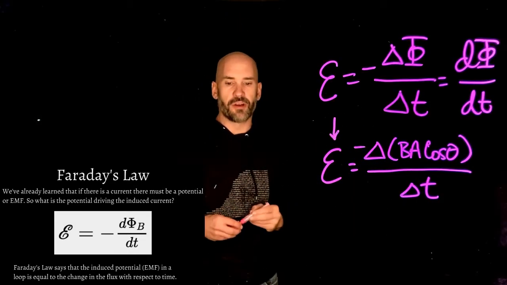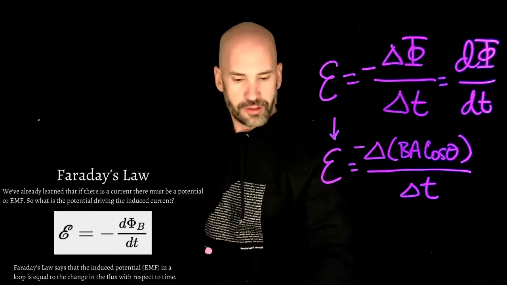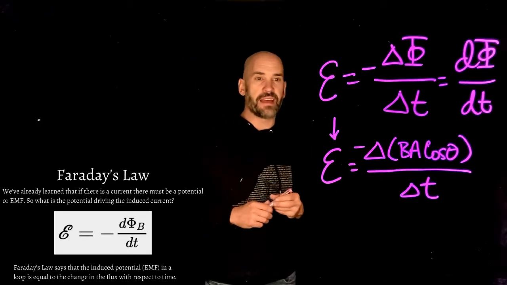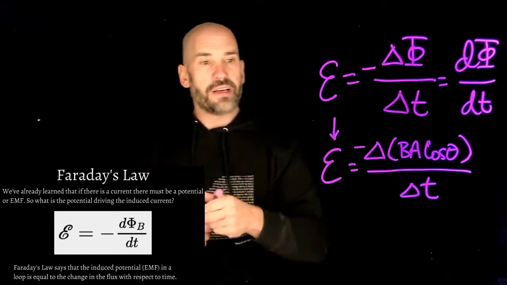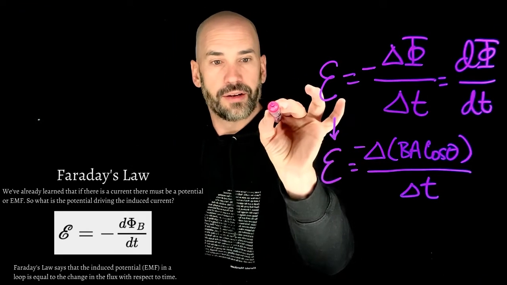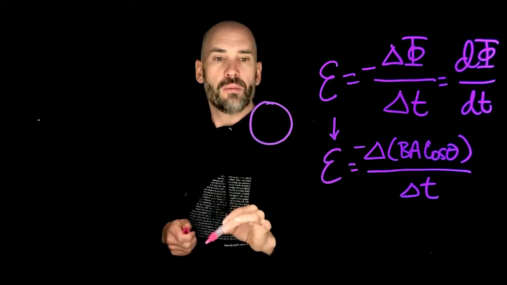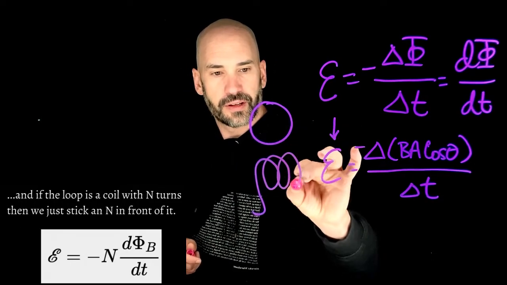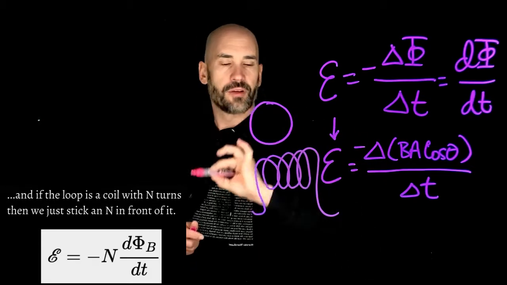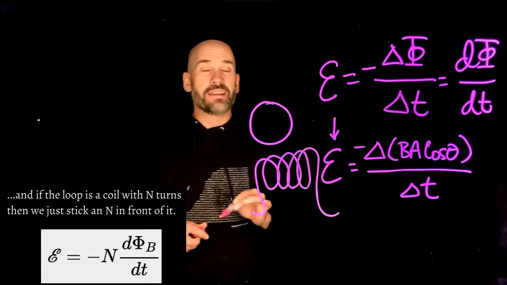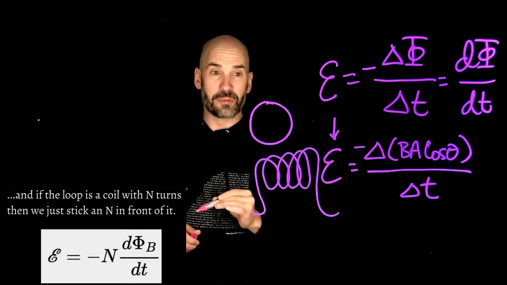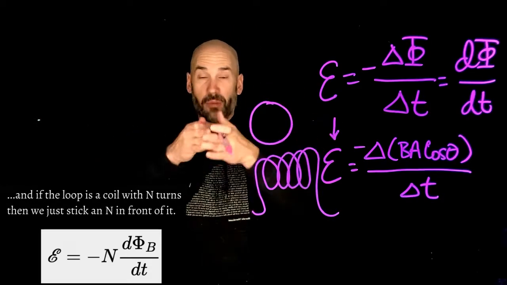All right, so how does this work? Before we get there, I want to add one little wrinkle, and that is that this here is in the case of one loop, right? But what if you have a coil that's a whole bunch of loops, like this? Okay, well, it turns out that there's an induced EMF for every single one of these loops. It accumulates, it multiplies, right?